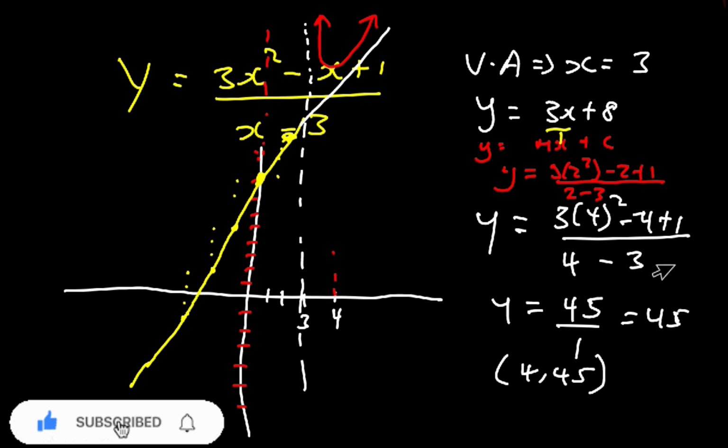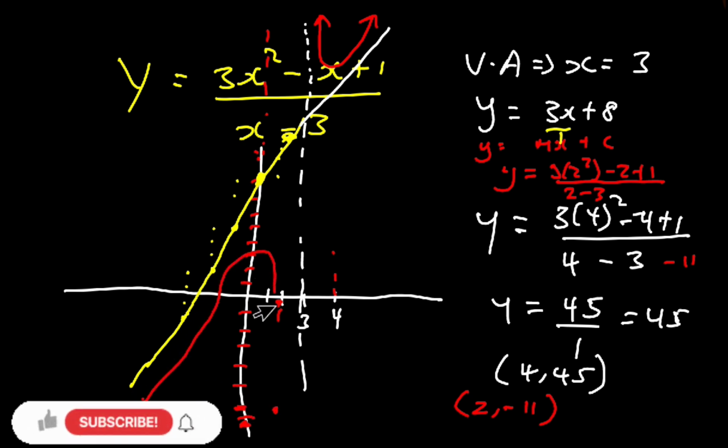Now it's going to be 11 divided by 2 minus 3, which is minus 1. So it's going to be minus 11. So the coordinates are going to be 2, minus 11. So here is 2, and then minus 11 is going to appear on this side of the graph. So basically this side. So it means that this curve is going to look like this.